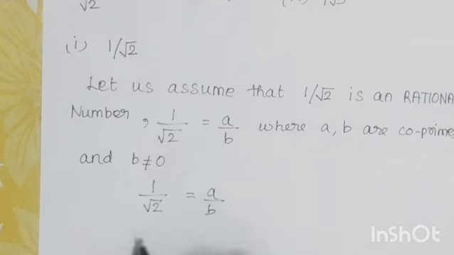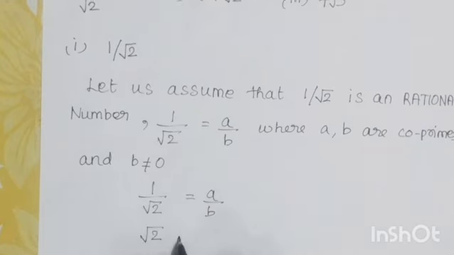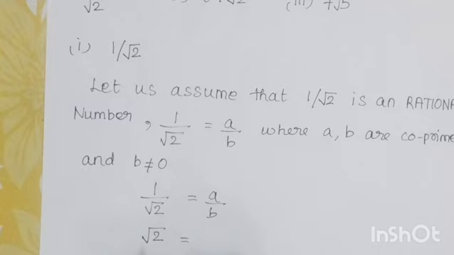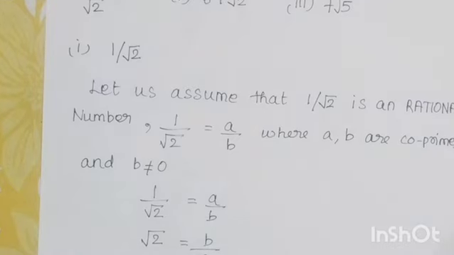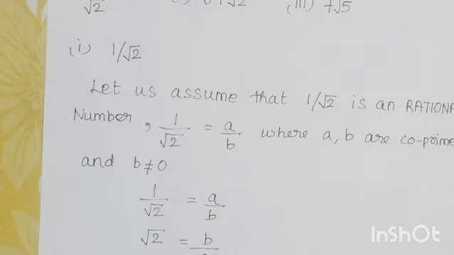If I take the reciprocal, I'll get root 2. If I do the reciprocal on the LHS, obviously I have to do it on the RHS too, so b by a. Reciprocal means the numerator becomes the denominator and the denominator becomes the numerator. In an equation, if it is done on the LHS, the same must be done on the RHS.